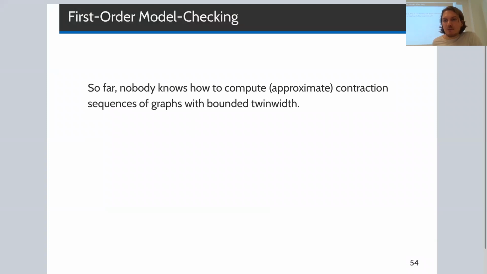And the big open question with respect to twin width is to compute these contraction sequences. So far, we don't know how to compute them or how to even approximate them.